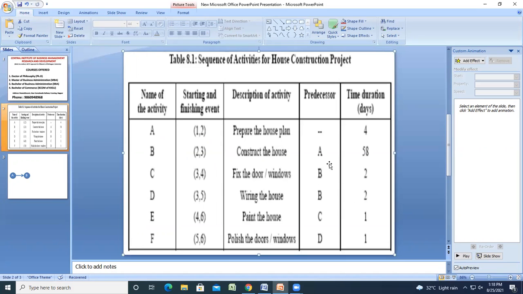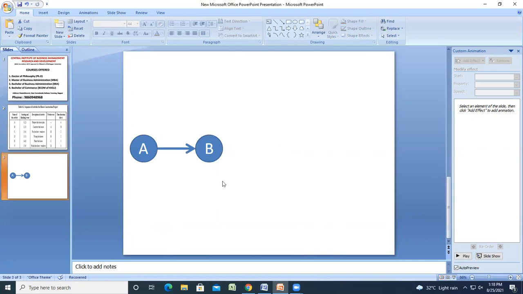but from activity B, activity D is also starting. It means that activity B is the predecessor for two activities. So we will bifurcate the start from activity B in this form. From activity B, we are getting two activities.